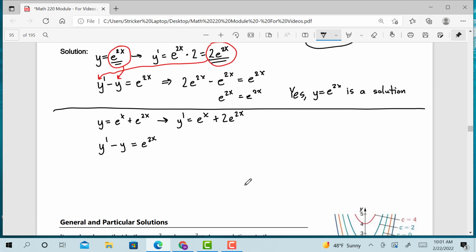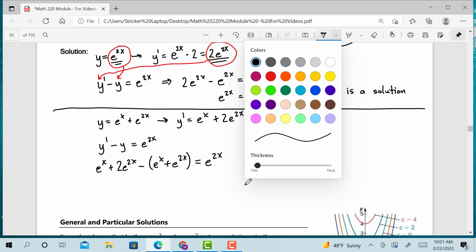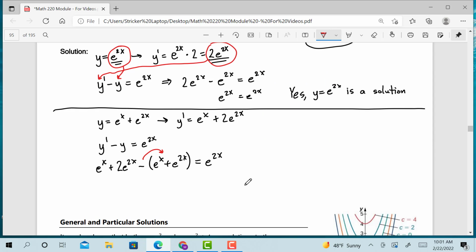And when we do that, we get e to the x plus 2e to the 2x minus y, and y is e to the x plus e to the 2x. And that's going to be equal to e to the 2x on the right-hand side. And then we want to go ahead and distribute our negative sign in here. So both of these terms are actually going to turn negative.